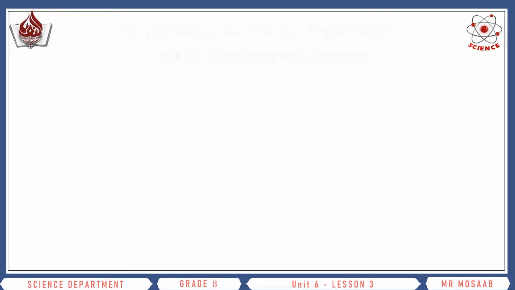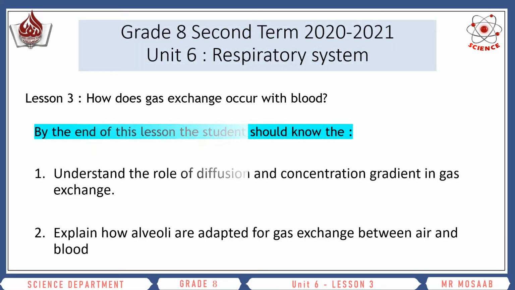Exactly. Now, let's start with the objectives for this lesson. You have to know and understand the role of diffusion and concentration gradient in gas exchange, and also how alveoli are adapted for gas exchange between air and blood.